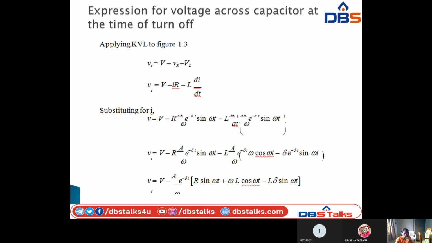After that, V equal to A by omega e power delta t, taking it common, R sin omega t plus omega L cos omega t. This minus will be multiplying, so it comes to plus omega L cos omega t, and this minus L delta sin omega t, where e power delta is common.